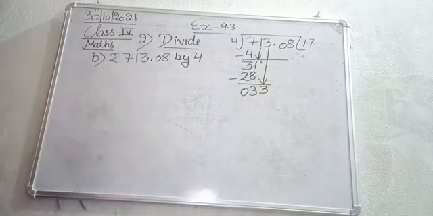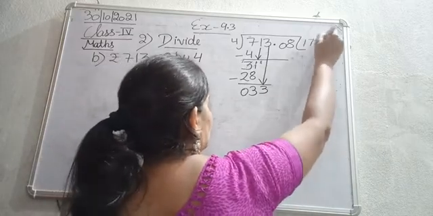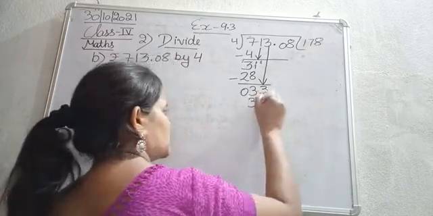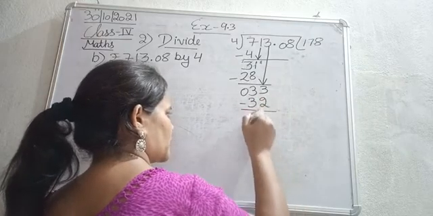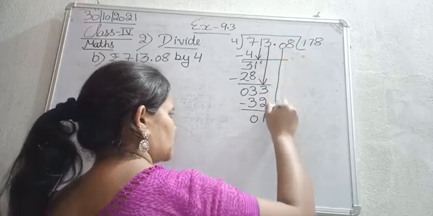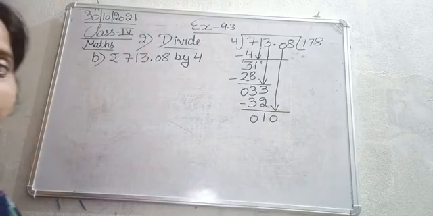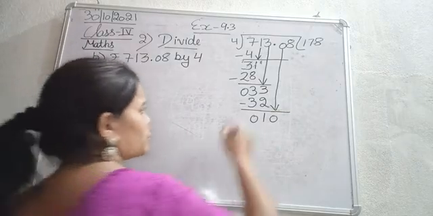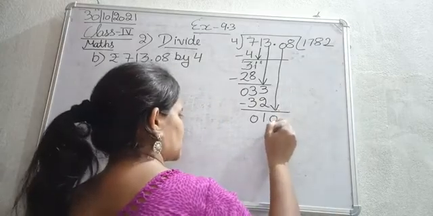Okay, so let's divide 33 by 4. So 4 eights are 32. So 33 minus 32 is 1. Now again bring down the next number, that is 0. Okay, so 4 twos are 8.